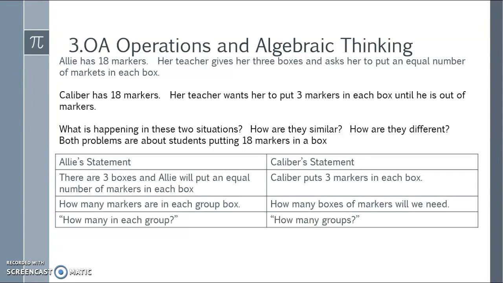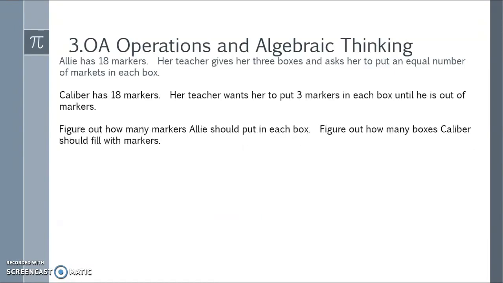Versus Caliber is putting exactly 3 markers in each box. We need to know how many markers are in each group of boxes, and for Caliber, how many boxes of markers will we need? Allie's statement, how many in each group? How many groups for Caliber?